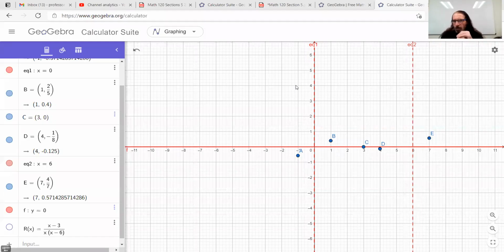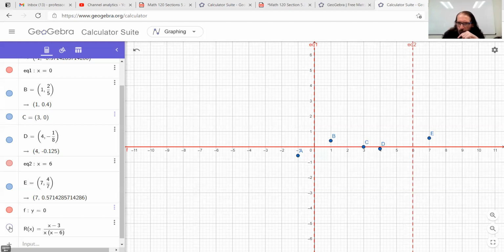So when we plot those 5 points, as well as the 2 vertical asymptotes and the horizontal asymptote, notice, by the way, y equals 0 was the horizontal asymptote, and we have an x-intercept there. So we have an example where the horizontal asymptote can be crossed.